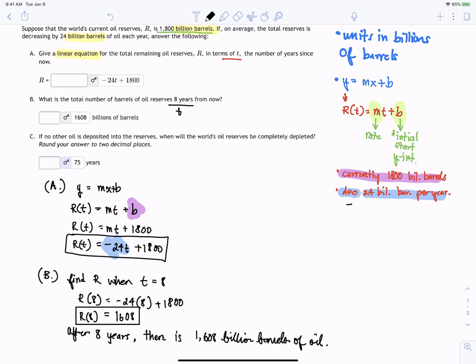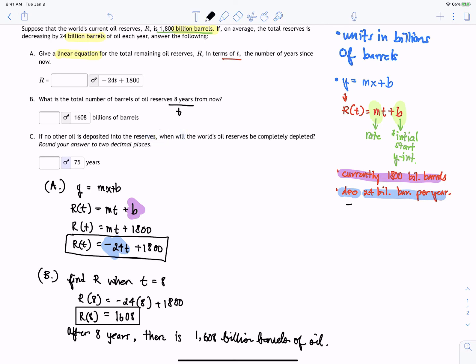Okay, and then part C states, if no other oil is deposited into the reserves, when will the world's oil reserves be completely depleted? So we ask again, do they give us the number of billions of barrels? Well, yeah, it looks like they did. I could see that they didn't give us any years anywhere, and they also are asking when.